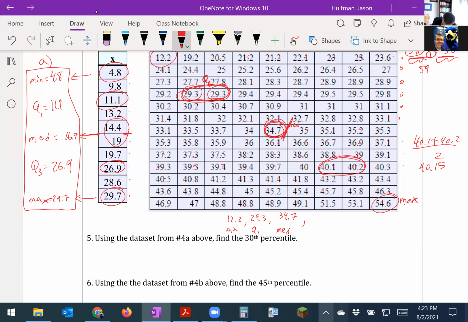The Q3, my upper quartile, is going to be 40.15, and my maximum is 54.6.